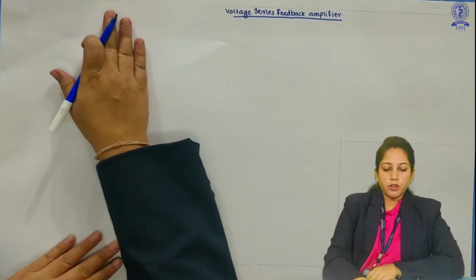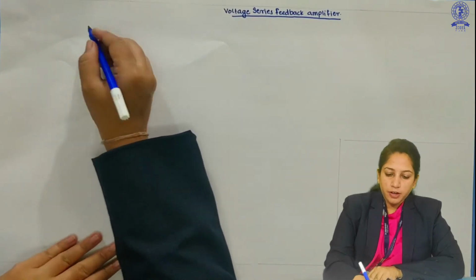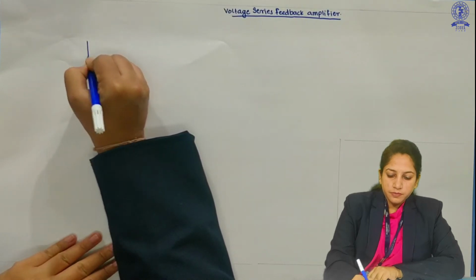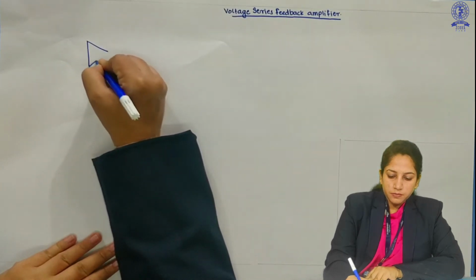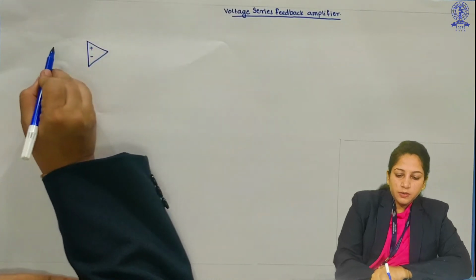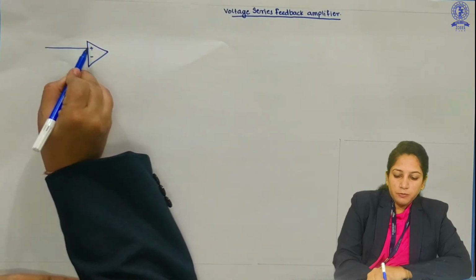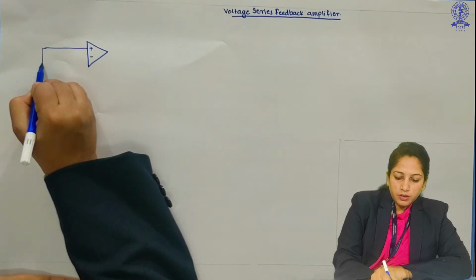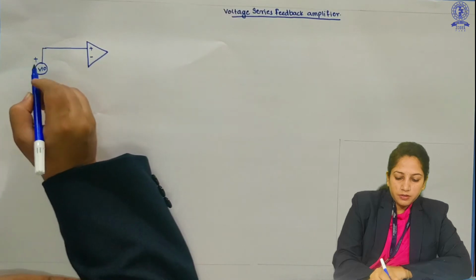So first of all I will draw a diagram for the voltage series feedback amplifier. To the operational amplifier, I will give input voltage V in to the non-inverting terminal.